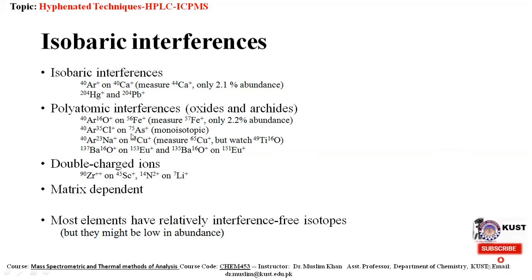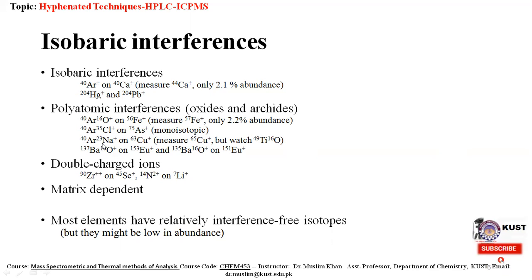So for measuring arsenic, we want to know that chlorine also has another isotope, chlorine 37. We measure 37 plus 40, 77. We measure the 77 signal. Then we subtract that 77 from 75 if it is present.